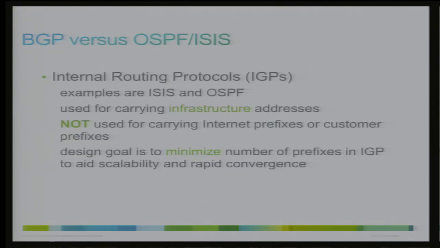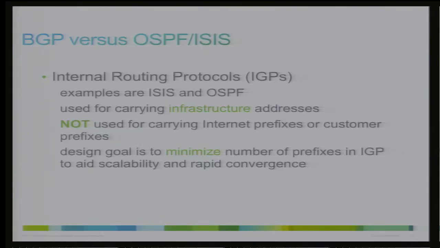The goal is to minimize the load on IGP because, as we discussed earlier, when we do BGP, we use recursive lookup. The first one is the BGP lookup. The second one is the IGP lookup. Typically, if you have a link failure in your network, IGP is impacted, but BGP is not impacted significantly, particularly for the external routes you are receiving.